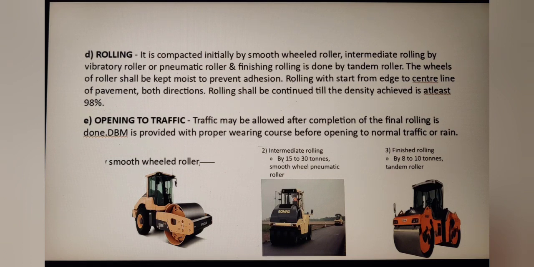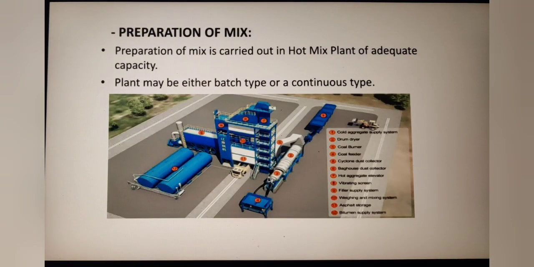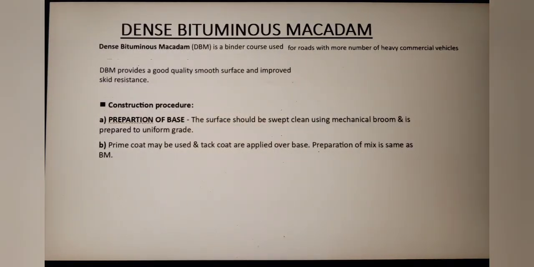Finishing rolling is done by tandem roller, and intermediate rolling is done by vibratory roller or pneumatic rollers. Then the last step is opening to the traffic. After providing this dense bituminous macadam, the top layer provided is a tack coat, and over the tack coat you have to apply the surface course.